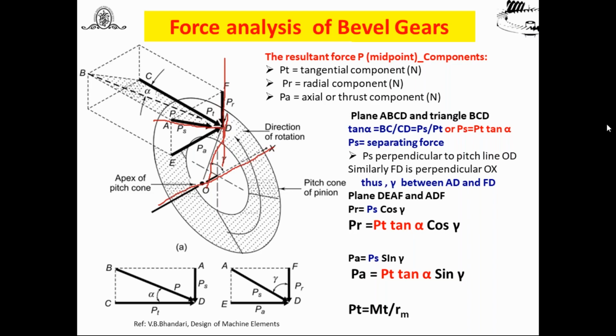You know very well, if this OD makes an angle gamma, the pitch angle, with OX, then PS should make an angle with FD that is also gamma, or you can say AD and FD. This angle is also gamma here. That's why I have written PS is perpendicular to pitch line OD. Similarly, FD is perpendicular.